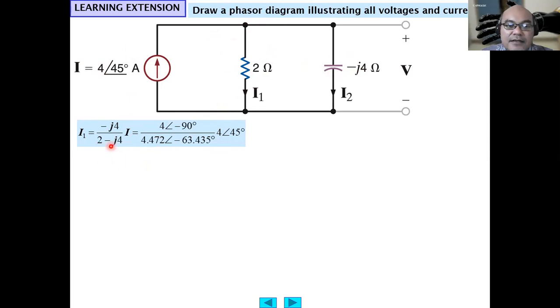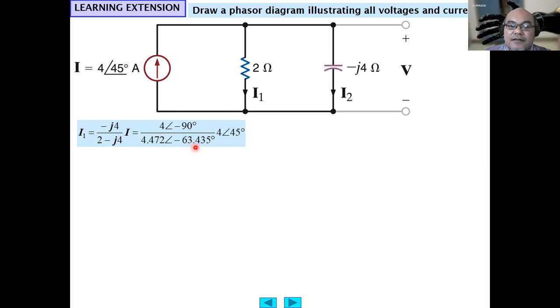So here we change this into phasor format. This becomes 4 at minus 90 degrees. So this we have to calculate: the magnitude from this square plus this square, then taking the square root, we should obtain 4.472. The angle is found by arctangent of minus 4 divided by 2.